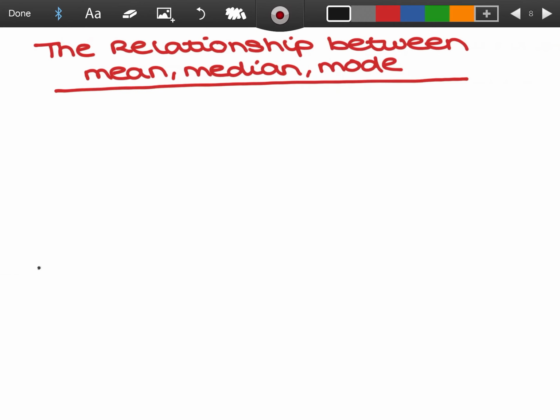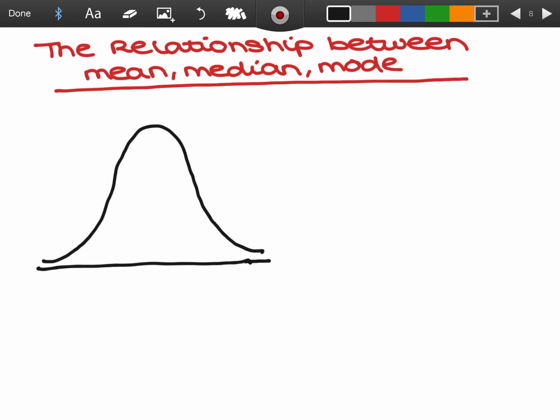First one that we're going to look at is when you are looking at symmetric data. So if you have a histogram that follows that bell-shaped curve, it's going to have the bars under it for each one of your classes, but it's going to follow this bell-shaped distribution curve.